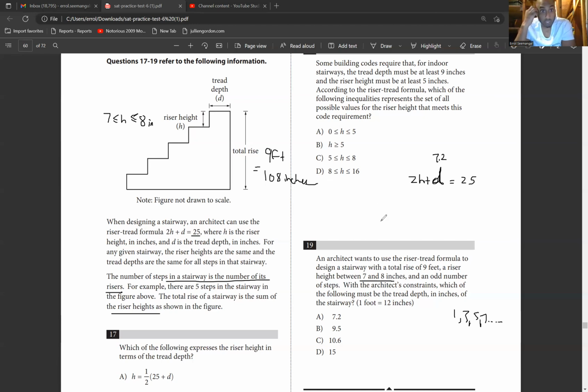If that's 108, which of the following must be the tread depth, which is D? 2H plus D equals 25.